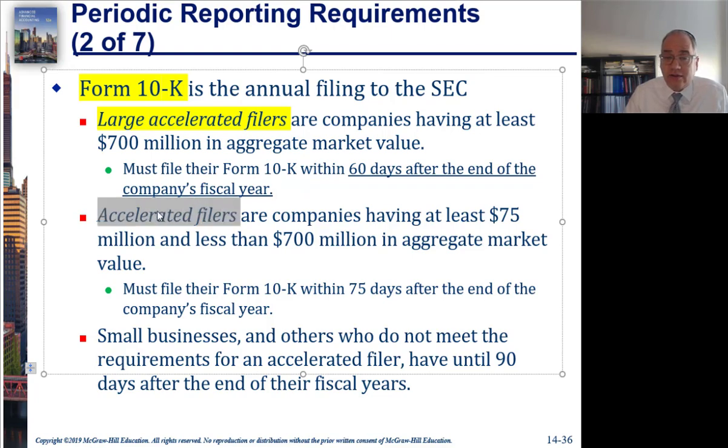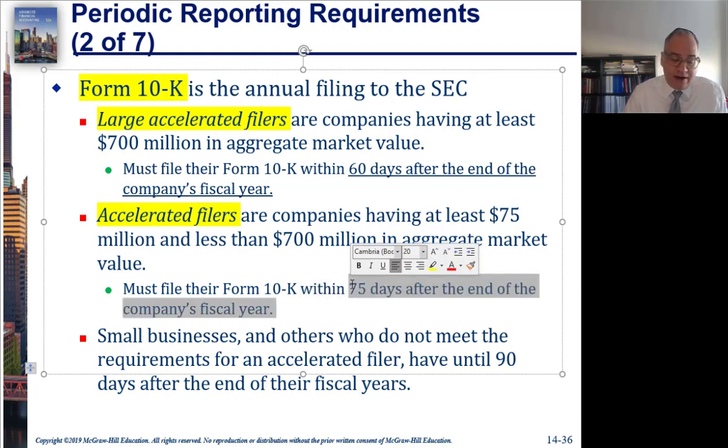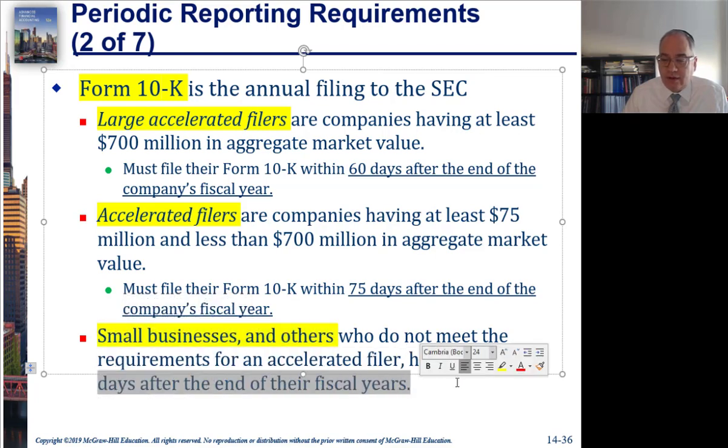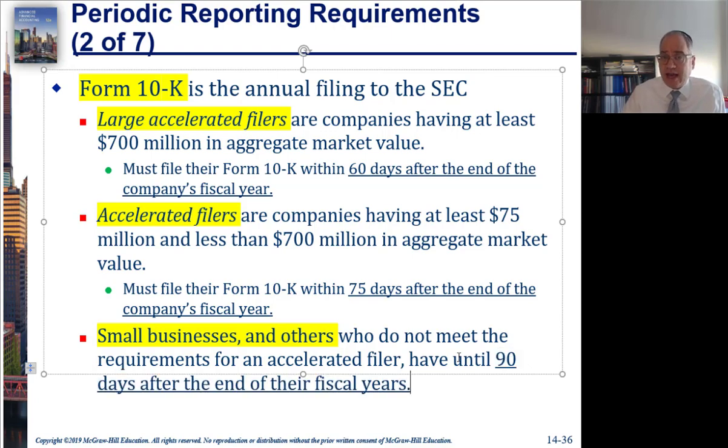Accelerated filers are 75 million to 700 million, and that changes sometimes, and they have 75 days. And then you have small businesses who don't meet any of these requirements, have 90 days. And this is really important to know. The fact that the 10K is the annual report and who needs to file when.